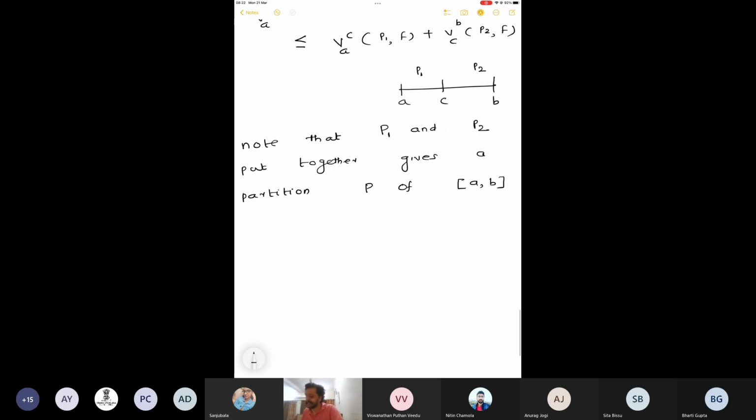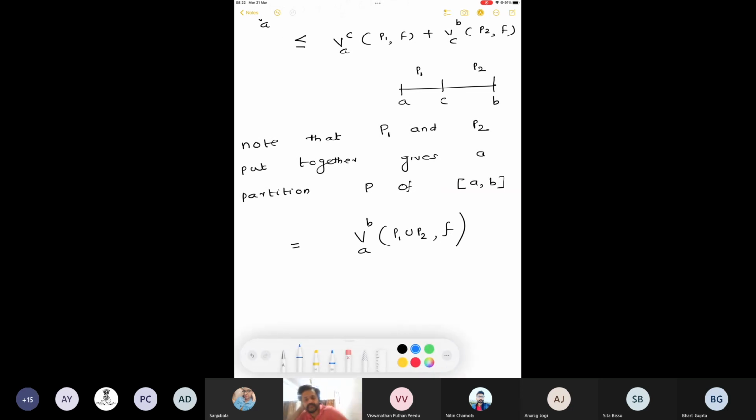So the right hand side can be identified to be variation of F over the interval AB corresponding to the partition P1 union P2. Do you agree? Yes, sir.